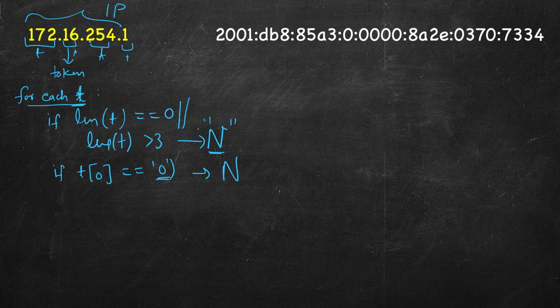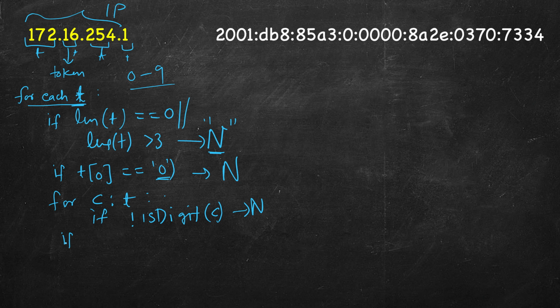So leading zeros are not allowed. Now we have to check the validity of each character. So for C in this token, for all characters in this token, if not is digit, so if C is not digit, that means it's not from 0 to 9, that is some alphanumeric characters are there, then we again return neither.